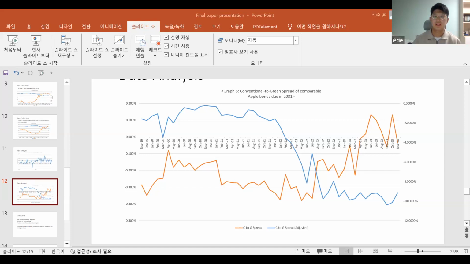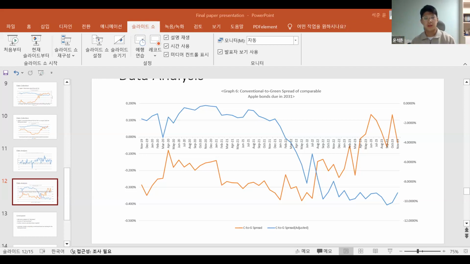And also looking in Bloomberg, I found the difference in comparable spreads of Apple's third green bond, and the average spread and difference showed a very significant difference from other similar bonds, not Apple's conventional bonds but other conventional bonds of the similar industry group.